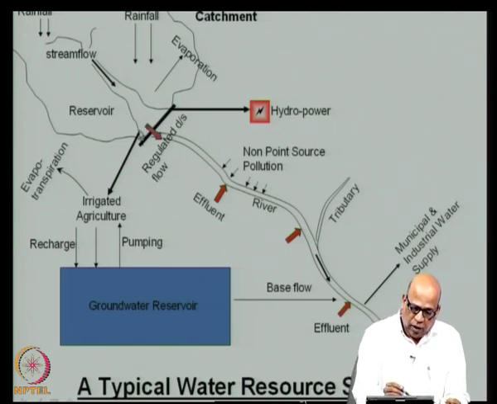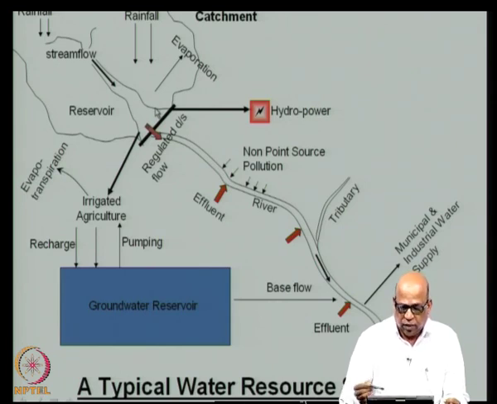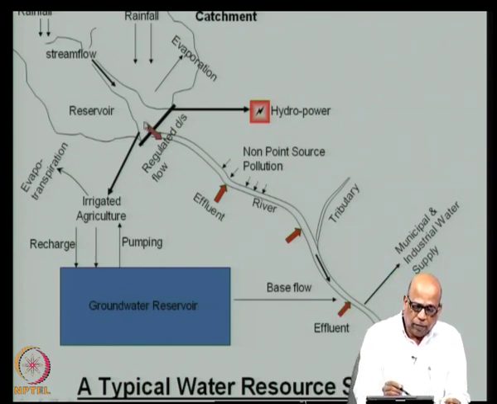We use this stored water for agricultural use, we use it for producing hydropower, and we also use it for municipal and industrial demands at the reservoir as well as from the stream. And therefore, what we generally do is that from the reservoir we take off irrigation canals, and we take off penstocks that go through hydropower, and many times the water that is released into hydropower subsequently joins the downstream flow here.